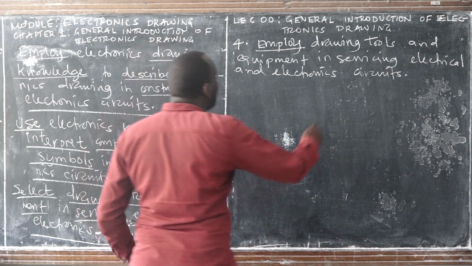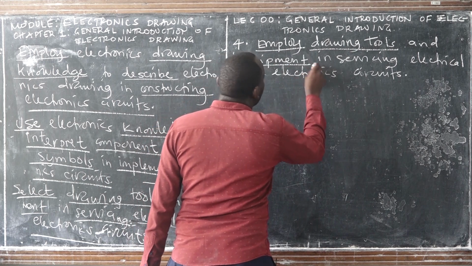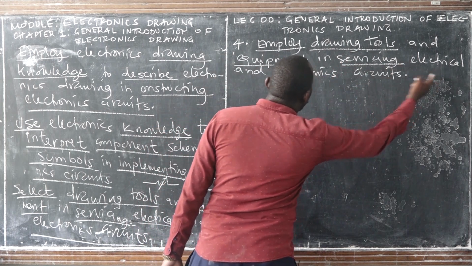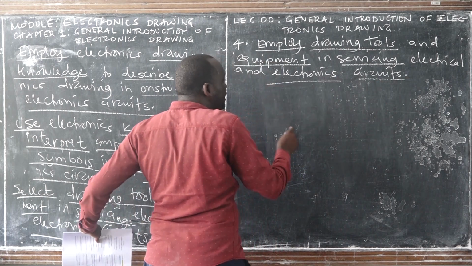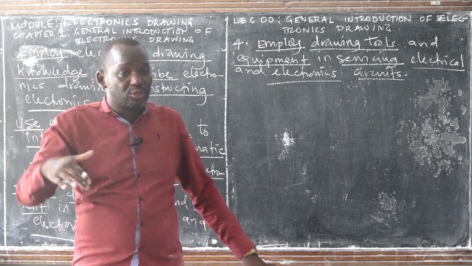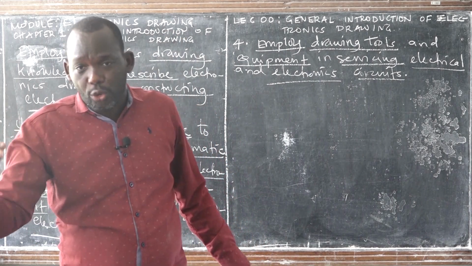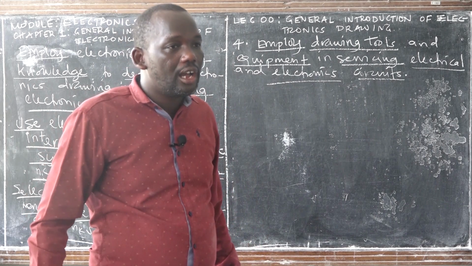Yes. Employ what? Drawing tools. And what? In what? Electrical. So what I've explained here is actual. In these sub-enabling outcomes, you have to select the appropriate electronics drawing tools and electronics drawing equipment. Oh yeah, Simba.